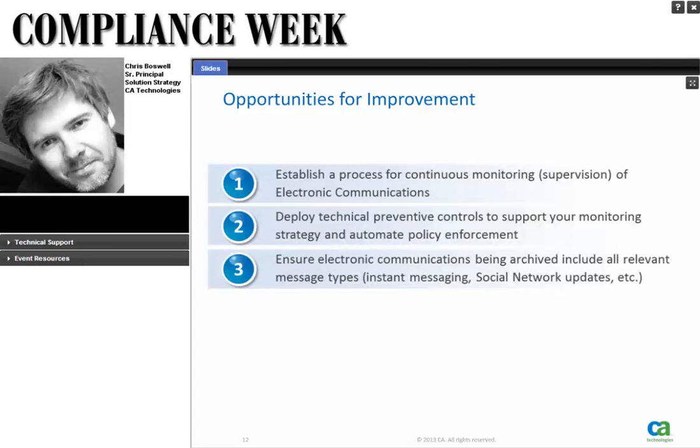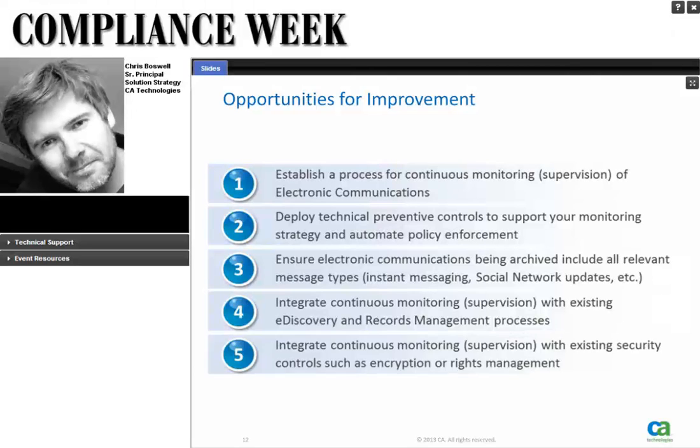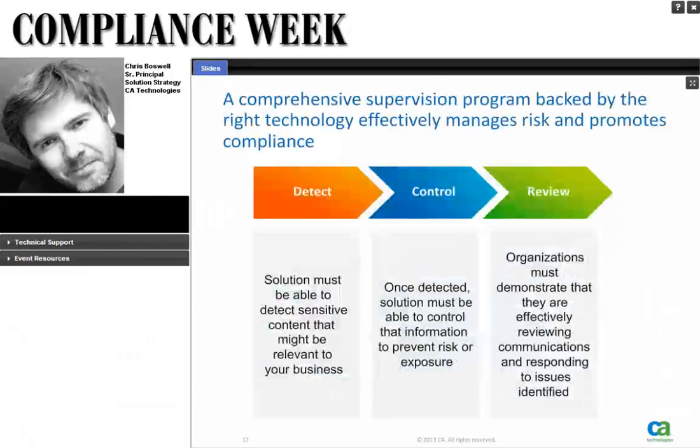And because you're building a new process, you need to integrate that process with your current e-discovery and records management processes. And you already have security processes in place that are monitoring network traffic and other things. It would be nice if this new supervision process integrated with that process as well to provide better governance of your program.